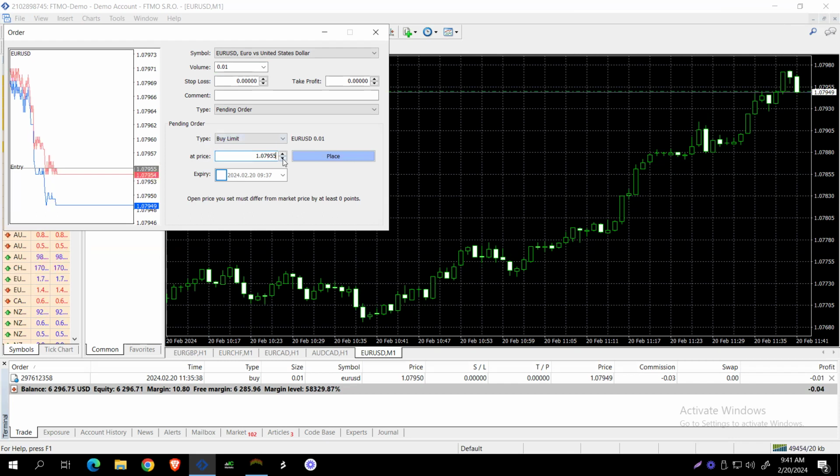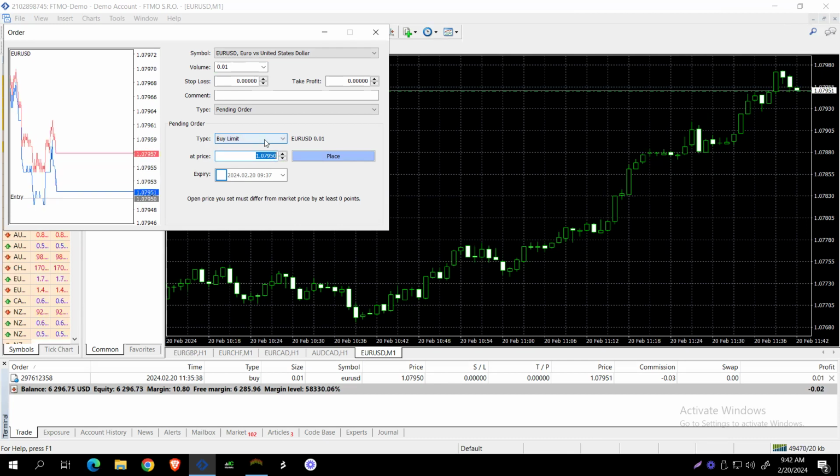Let's make it a little bit smaller. So if it gets to 1.07950, that's when we want to buy. You see it? That means when the market has come down, anytime the market touches that line, we buy. Let me decrease it again.